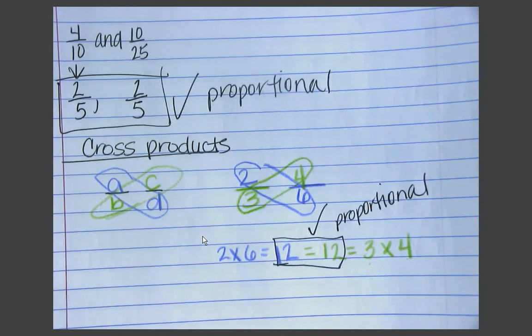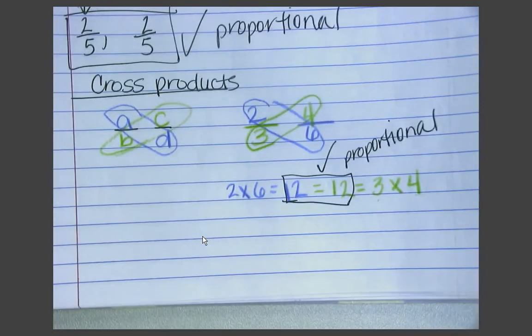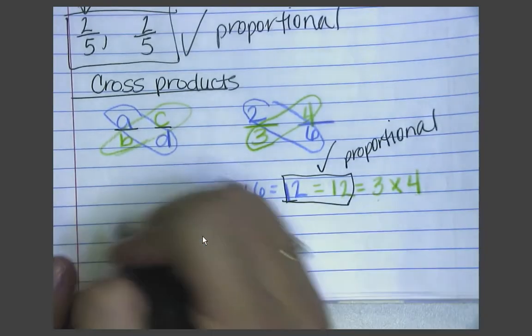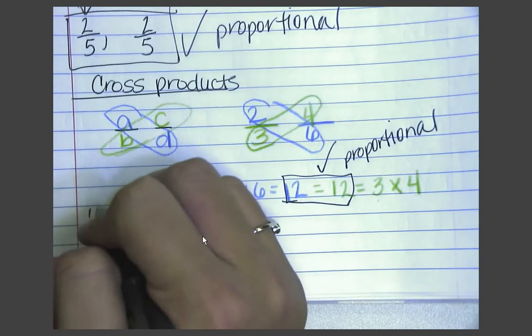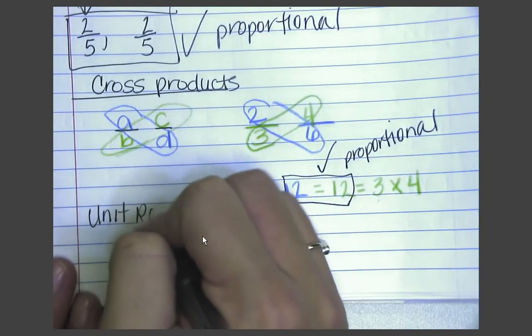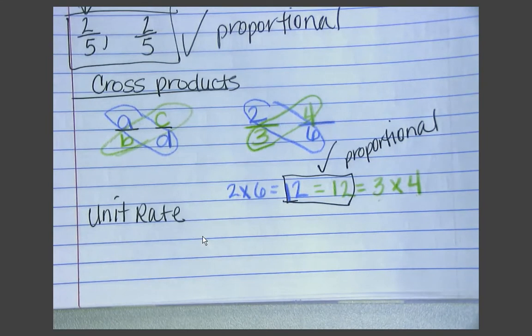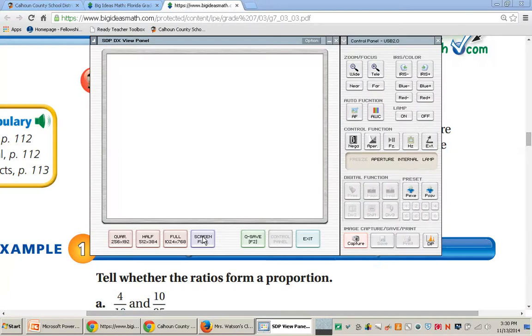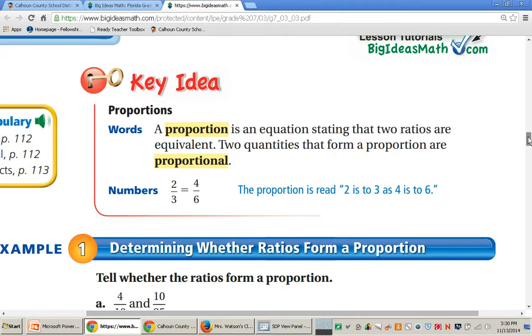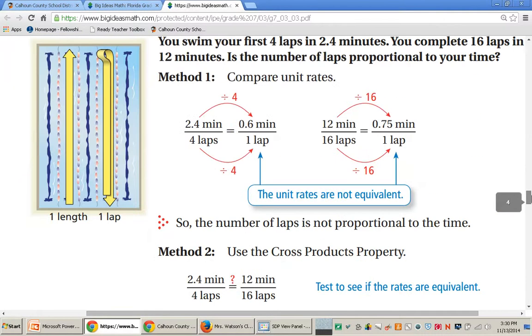Okay, and there's also another way to find cross proportions by using the unit rate. If they gave you a word problem and they gave you like the laps, here is one we can use right here.